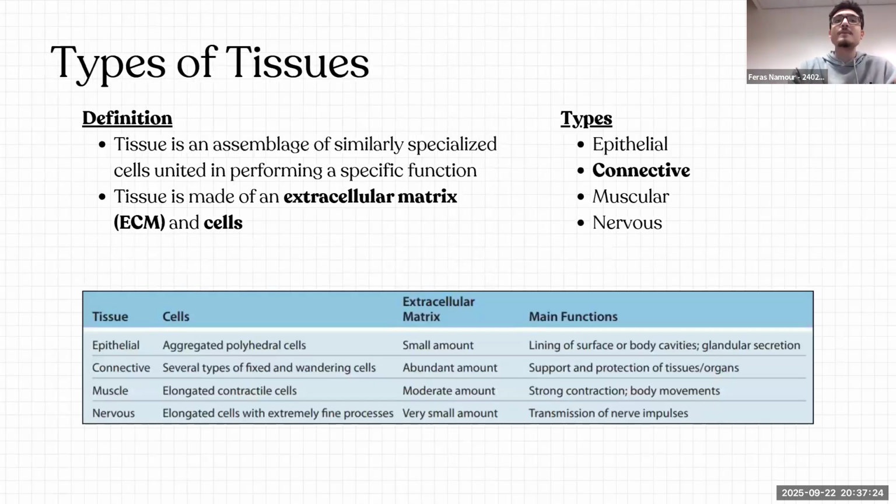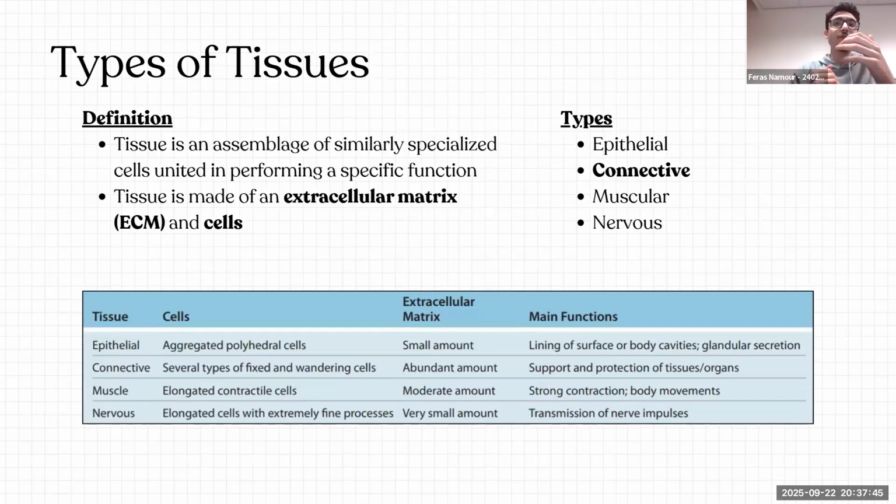Now, why did I not discuss that? Because epithelium doesn't have a lot of extracellular matrix. Meanwhile, connective tissue has an abundant amount. So again, tissues, by definition, are made out of specialized cells and extracellular matrix.